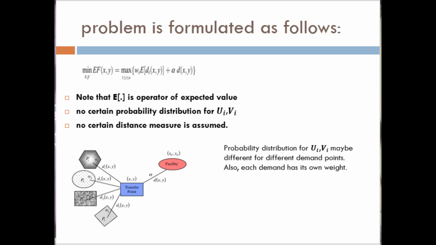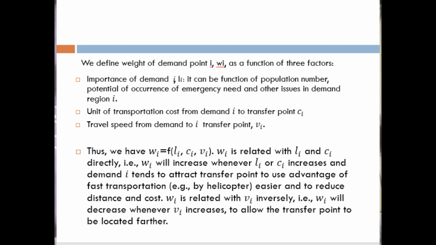The probability distribution for u sub i, v sub i may be different for different demand points. Also, each demand has its own weight. Now, we develop the model from a conceptual view and give an explanation and interpretation to justify and support application of the model. So, we define the weight of demand point i, W sub i, as a function of three factors.